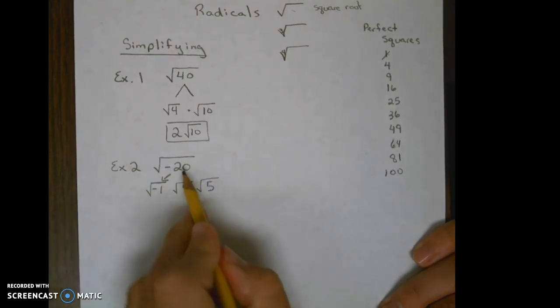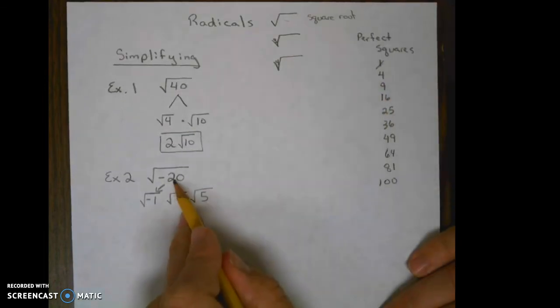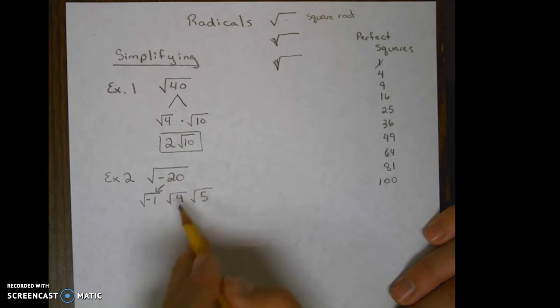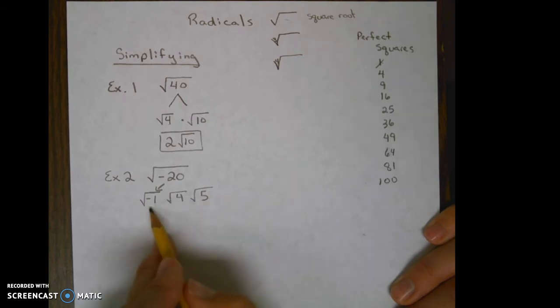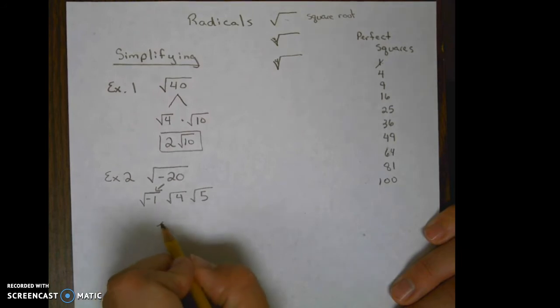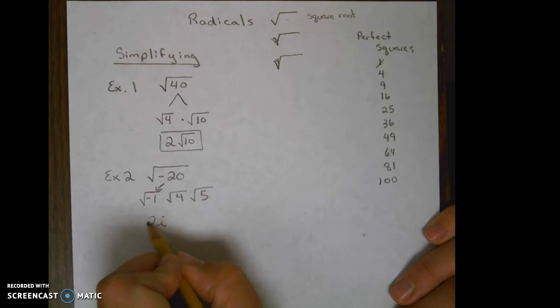Now, if 20 is not a perfect square, then when you break it down, one of the factors will be a perfect square and one will not be a perfect square. Okay? So recall that the square root of negative 1 is i. The square root of 4 is 2.